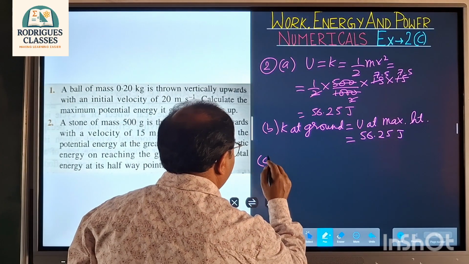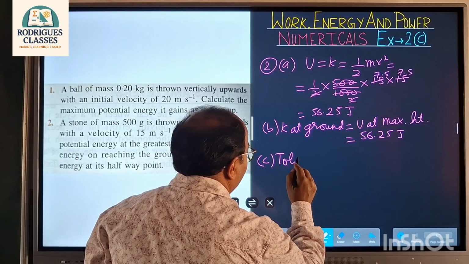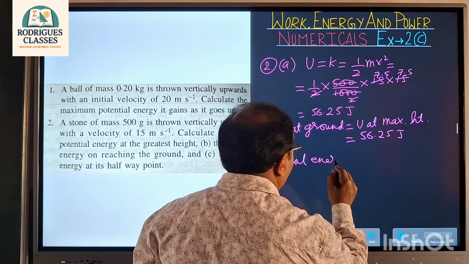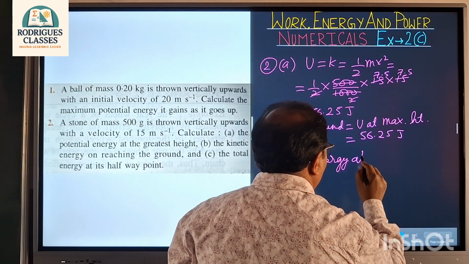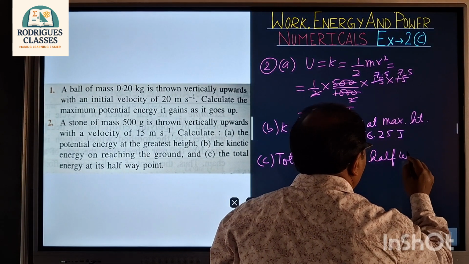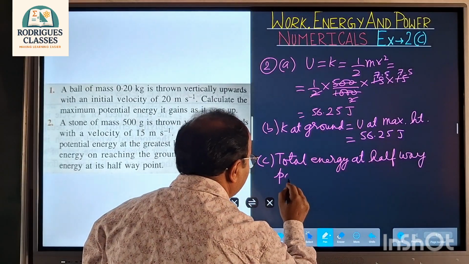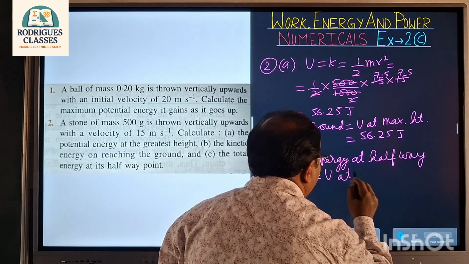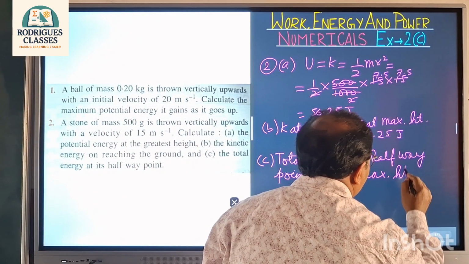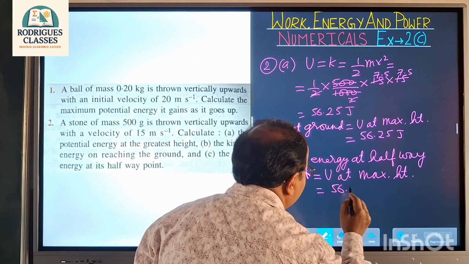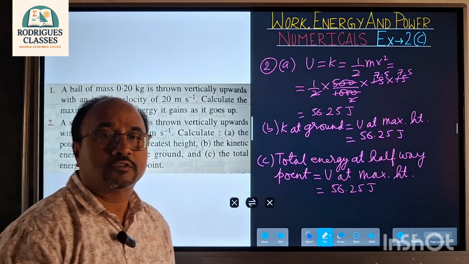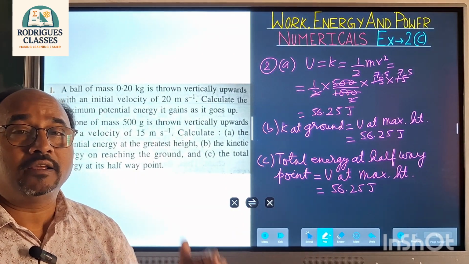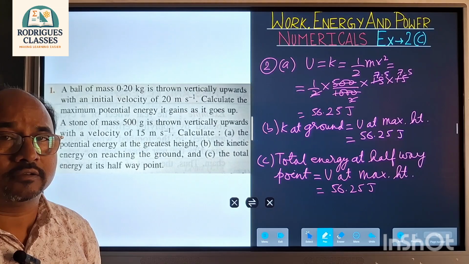So I will write here in the C part, total energy at halfway point is equal to U at maximum height, which is 56.25 joule. So very good numerical to get your concept clear about how much total energy is there at any of the positions during its journey.